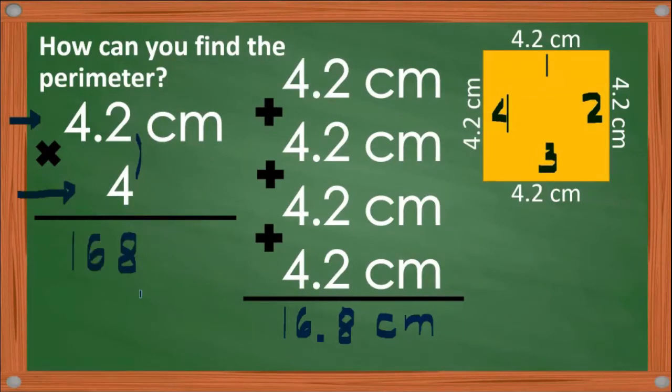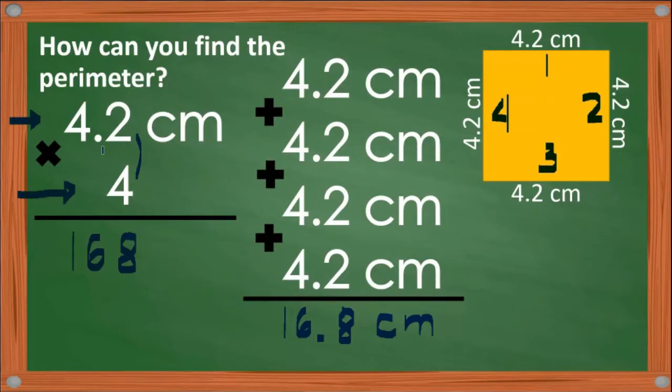Ma'am, why is the answer 168 and on our addition it is 16.8? They are not the same, obviously. In multiplying decimals, always remember that the number of decimal places must be counted. Focus on the board.